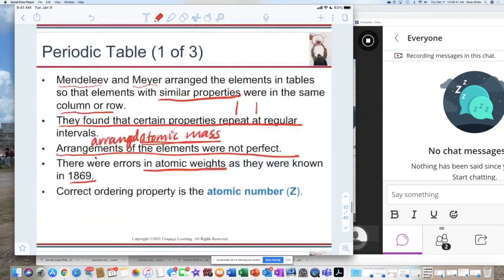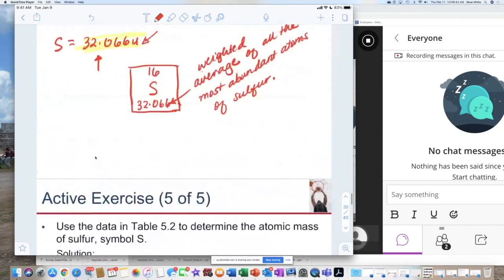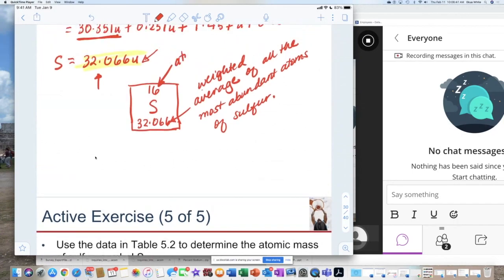So remember, in sulfur, we're talking about the atomic number, this number right here. So scientists use atomic number for what we call the modern periodic table to sort out elements and to arrange them versus the atomic mass.